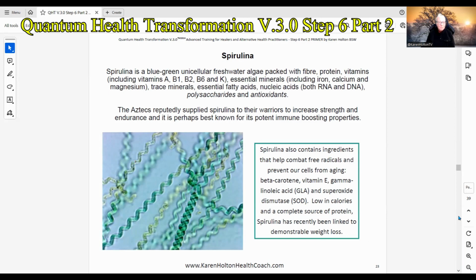The Aztecs reputedly supplied spirulina to their warriors to increase strength and endurance, and it is perhaps best known for its potent immune-boosting properties.